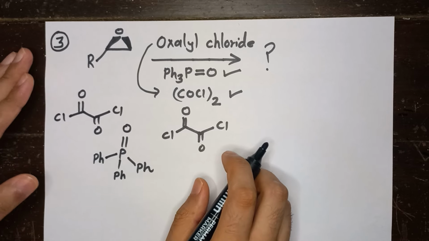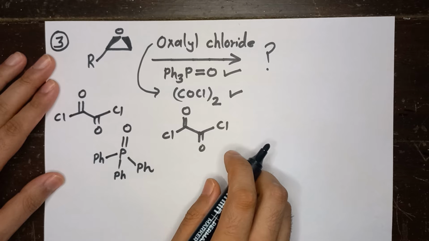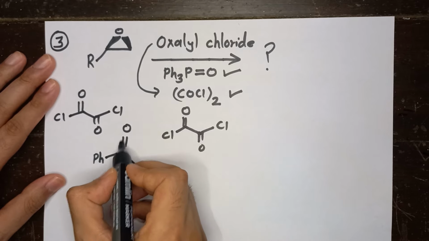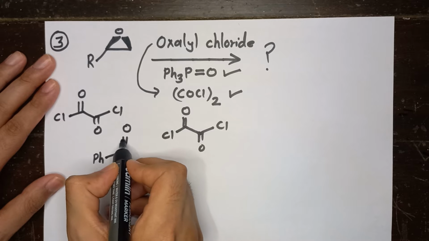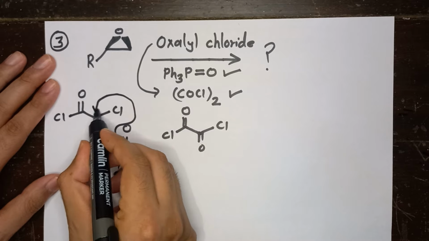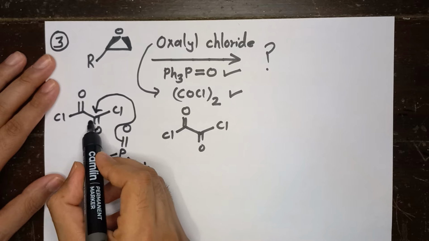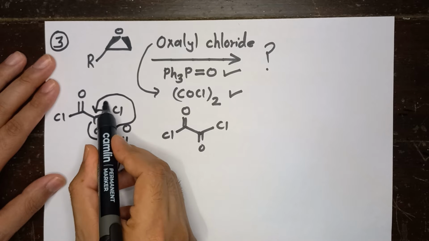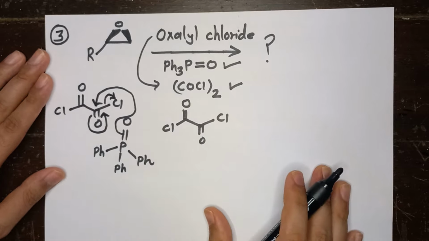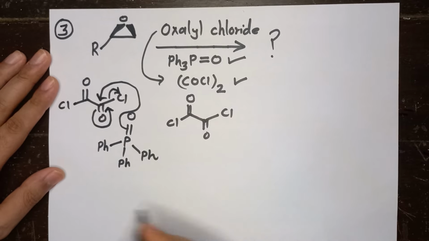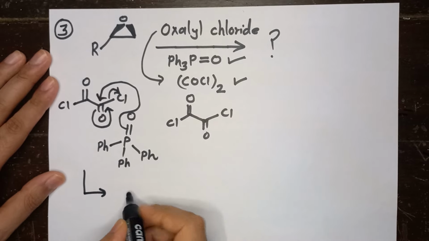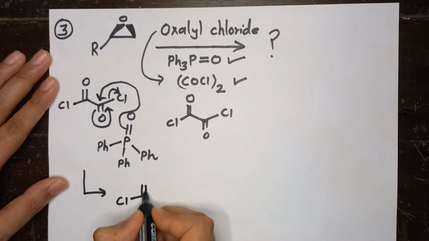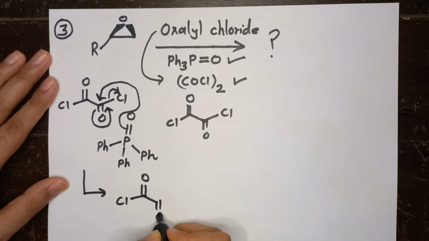So now what happens is this oxygen with its double bond will attack at this carbonyl, and through conjugation Cl is going to leave, right? So we have Cl, C=O, C=O intact.